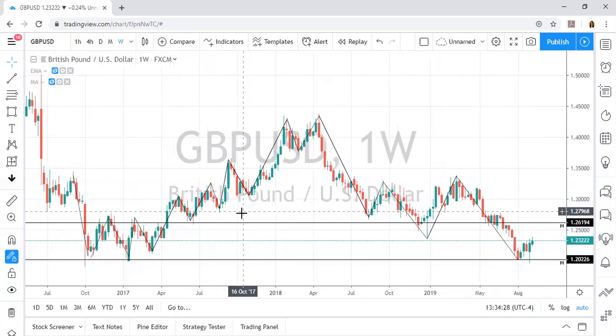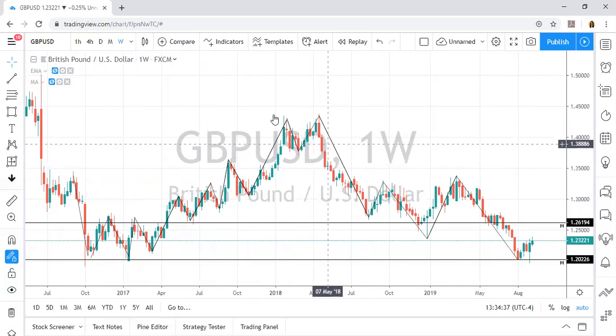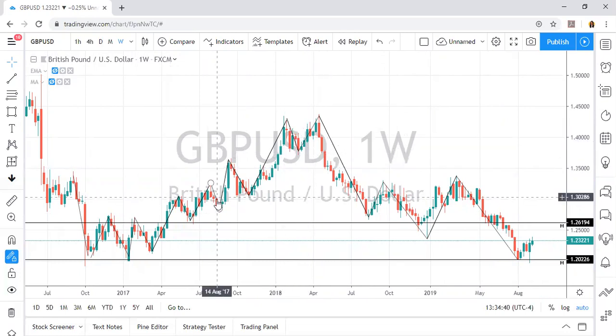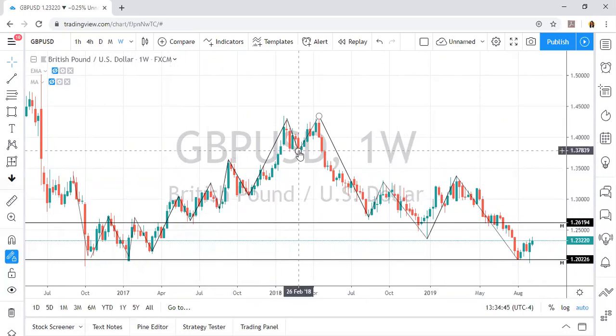So as you can see here, let's say, for example, I'm just going to use this area here, because it stands out the most to me. So this will be that higher low, okay? Because this low is higher than this low.